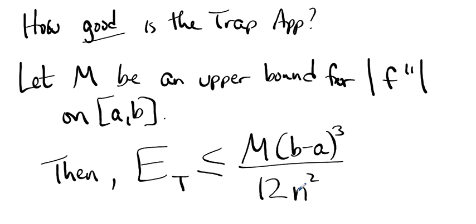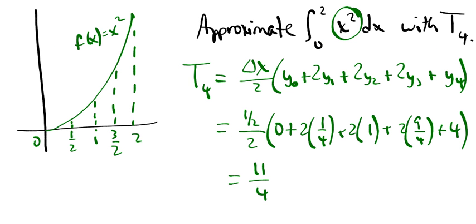So let's see, in practice, I'll go back a couple of slides here. In practice, f prime is 2x, f double prime is 2. What's the greatest that f double prime can be on the interval from 0 to 2? That's it. Capital M is 2.